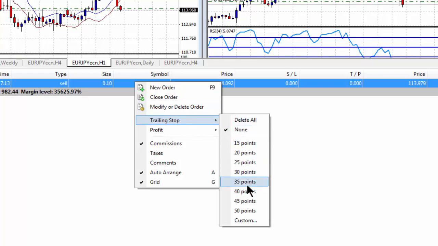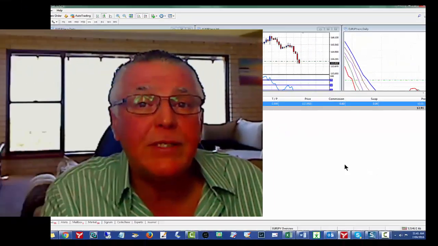So you can actually tell it by how many points you want your trailing stop to follow. So there's the only automation in the MT4 platform. In our EAs, as you can see, we have those settings that allow you to adjust all those stops that I have shown you. So I hope you found this helpful.